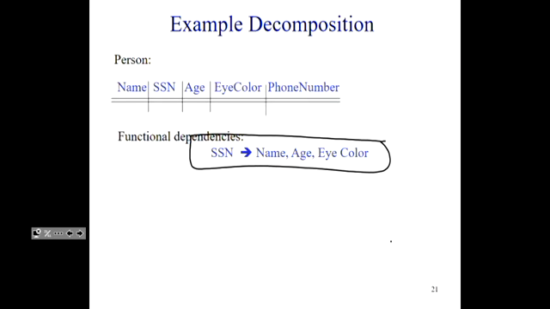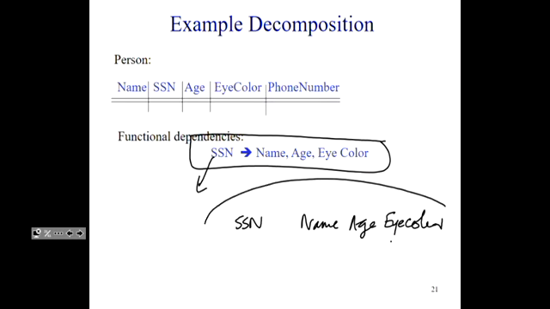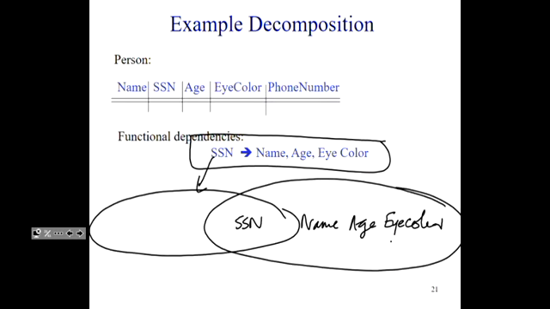So starting with this, I have a rule which is non-trivial and violates BCNF. So what I can possibly do is I can use this rule, and then I can divide the set of attributes in this relation into two sets. I have SSN here, and the name, age, eye color here. Okay? This is one set. And then I have another set which is phone number.